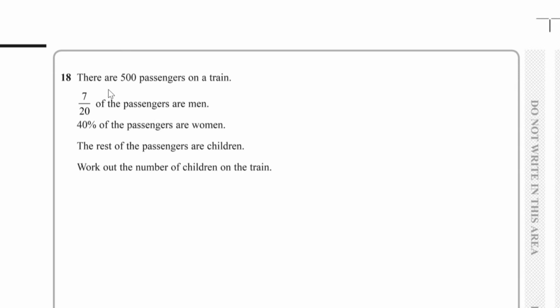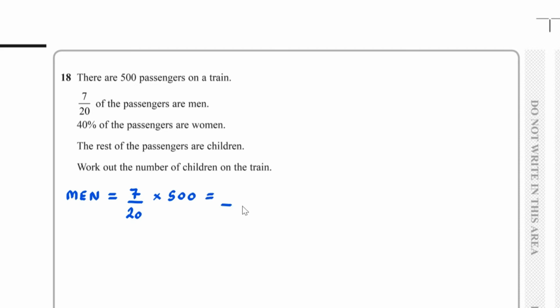Question number 18. There are 500 passengers on the train. 7 over 20 of the passengers are men. 40% of the passengers are women. The rest of the passengers are children. We have to work out the number of children on the train. So the number of men will equal 7 over 20 times by 500.